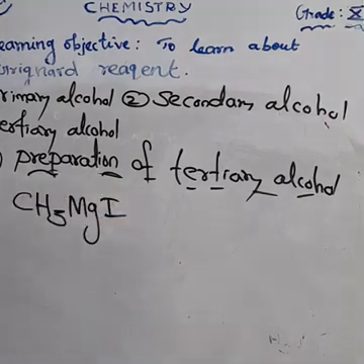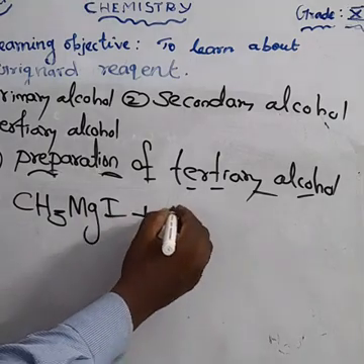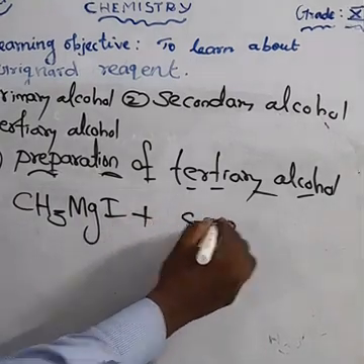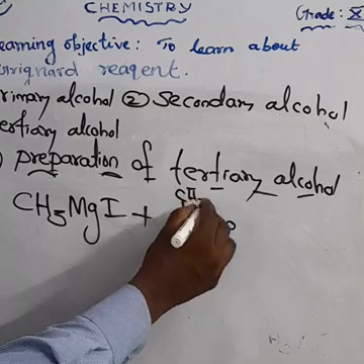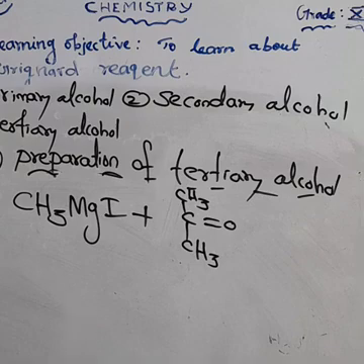CH3MgI. This methyl magnesium iodide reacts with acetone, that is C double bond O, CH3. Acetone is otherwise called dimethyl ketone.